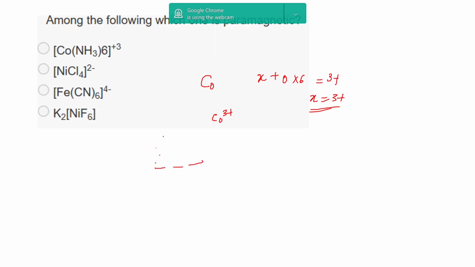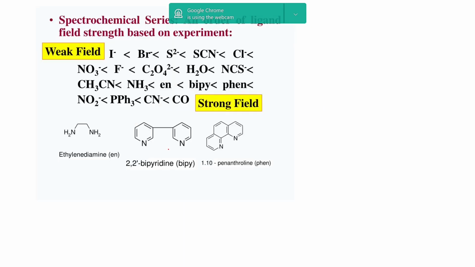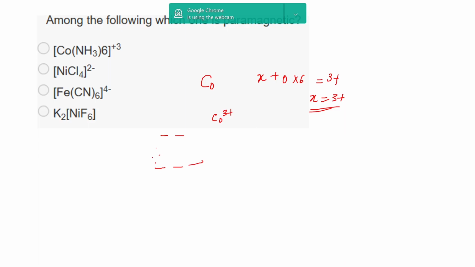So definitely t2g, eg, and CN is a strong field, as I have shown here. So first pairing will occur in the t2g, then it will go to eg. So 1, 2, 3, 4, 5, 6. There is no unpaired electron in Fe(CN)6 4 minus.